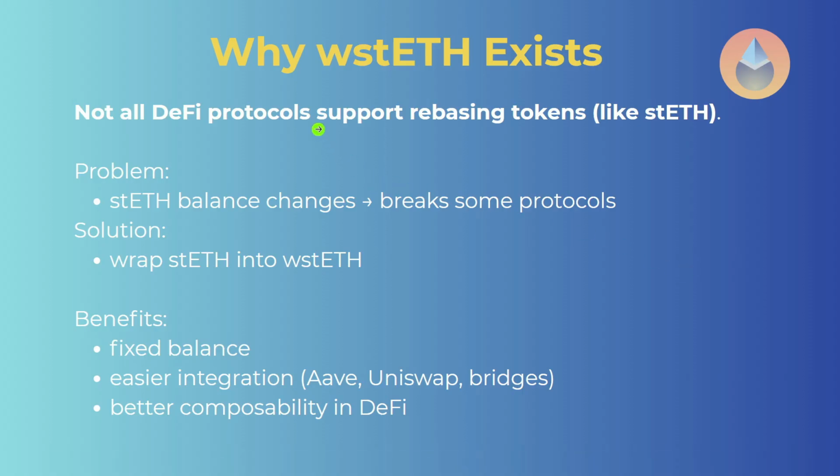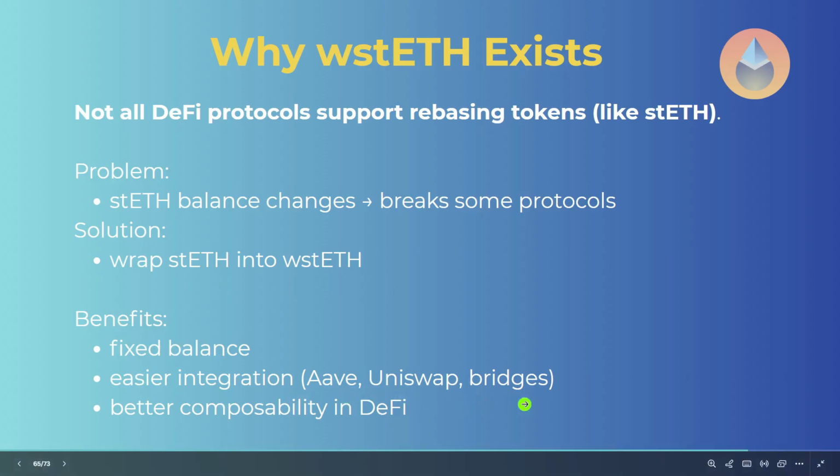This is something that I have maybe said before. Not all DeFi protocols support rebasing tokens like stETH. The problem is that the stETH balance changes. This breaks some protocols. The solution: wrap stETH into wstETH. Benefits: fixed balance, easier integration with Aave, Uniswap or bridges, better composability in DeFi.